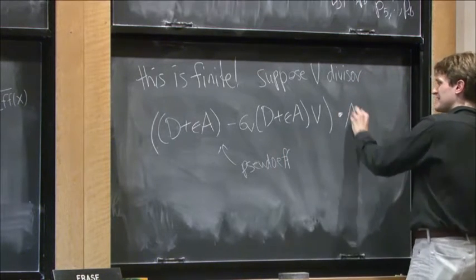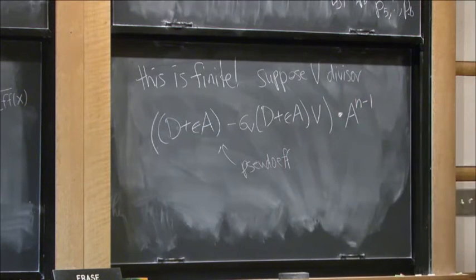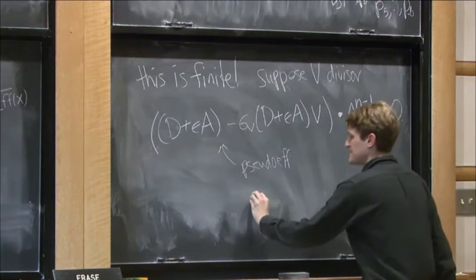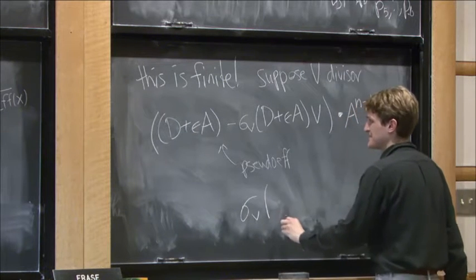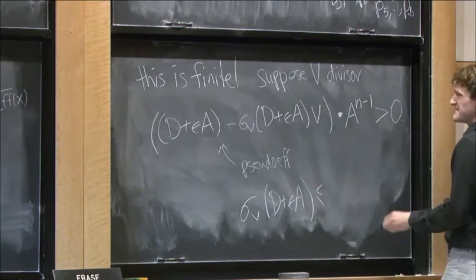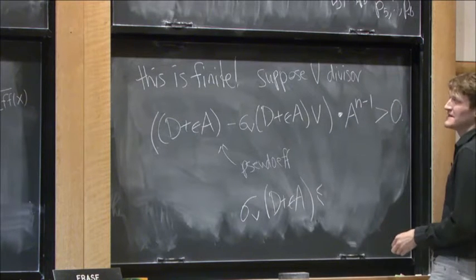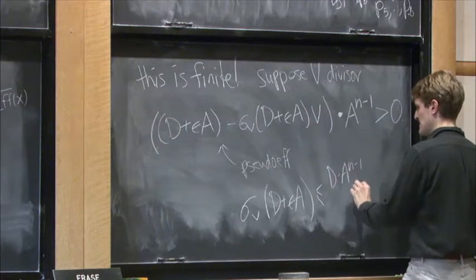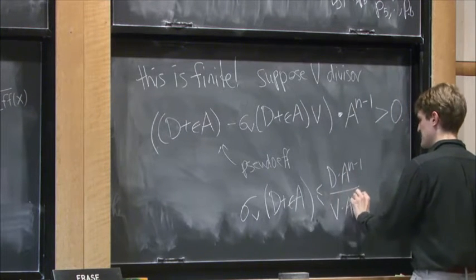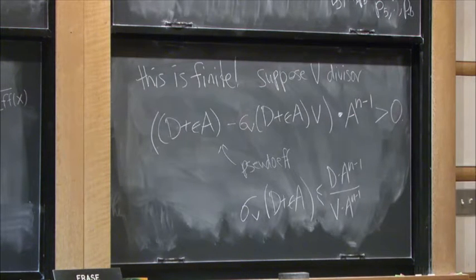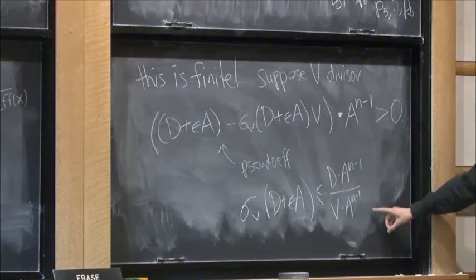That means I can intersect this with the top power of my ample divisor, and I get a positive number. And so this actually gives us an upper bound on sigma v of d plus epsilon A. So it's less than or equal to, I guess, d dot A to the n minus 1, or v dot A to the n minus 1. Yeah, I think that's right. So this limit is finite because we have this cool trick here.